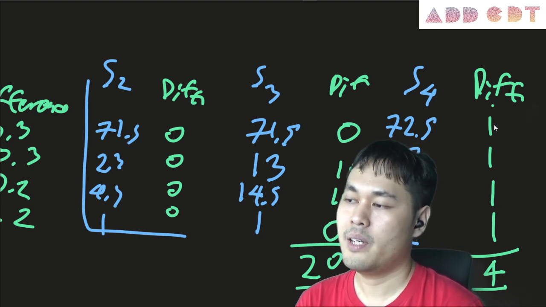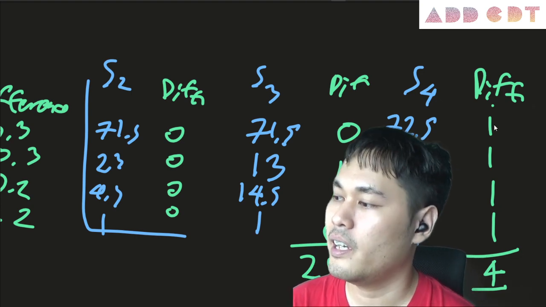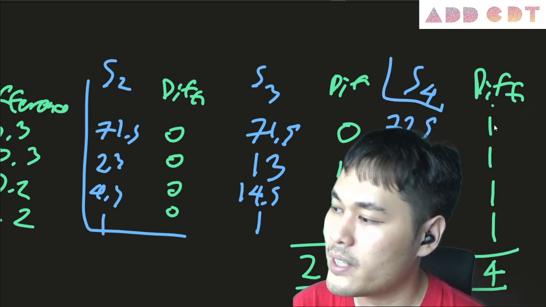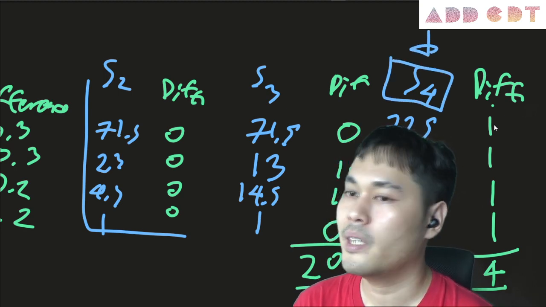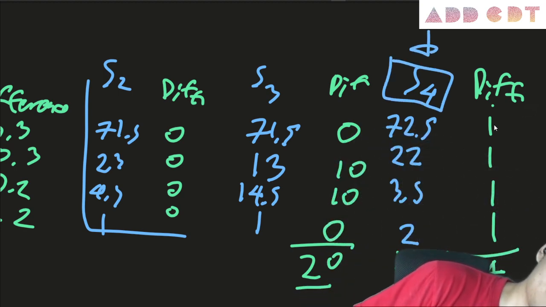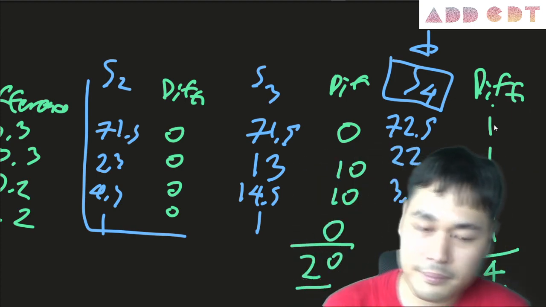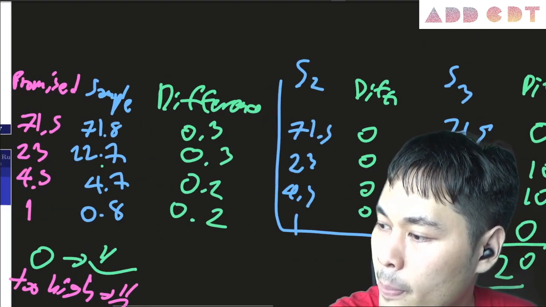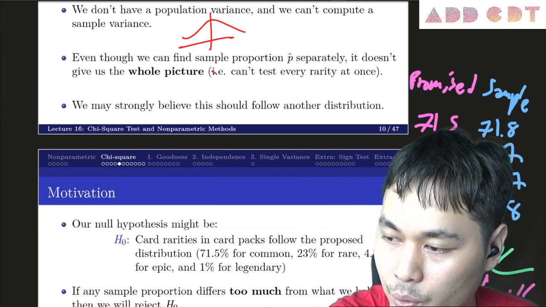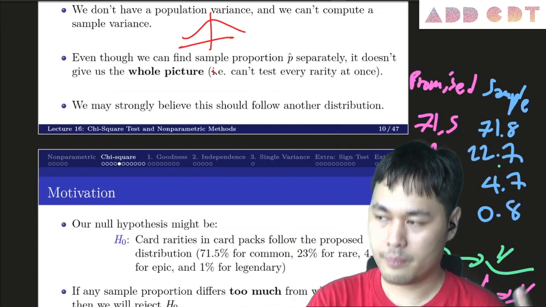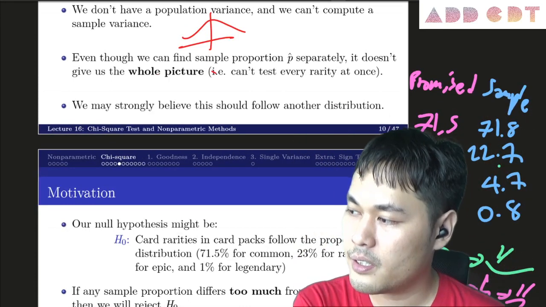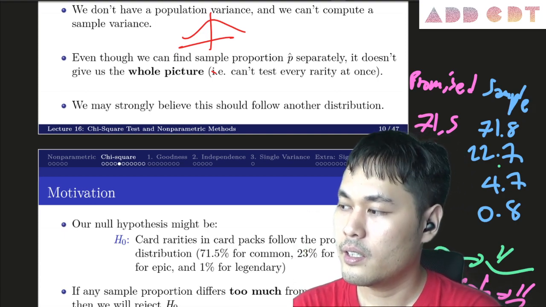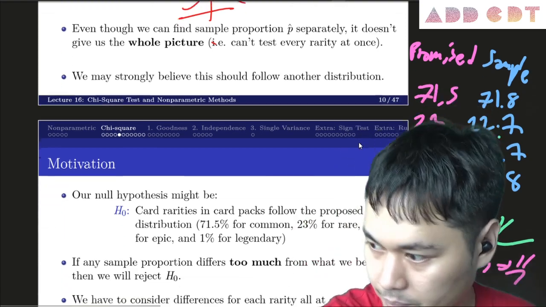And if it differs too much, then you might believe that they are lying to us. The correct distribution might be something like that. So now we are taking into account all the differences between what they have promised and what we got from the temple.